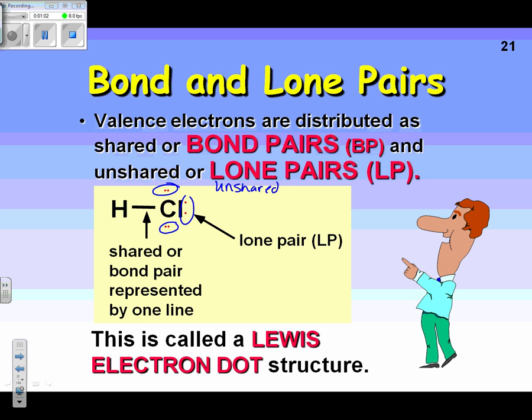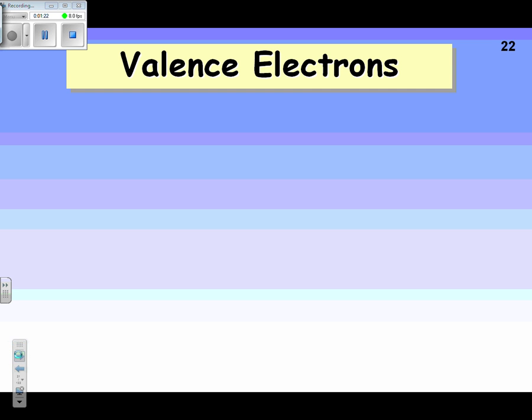Alright, so we'll do the Lewis electron dot structure because it does involve the line that represents two electrons, or one pair of electrons, that are being shared, and then the other electrons are the valence electrons of the other atom.